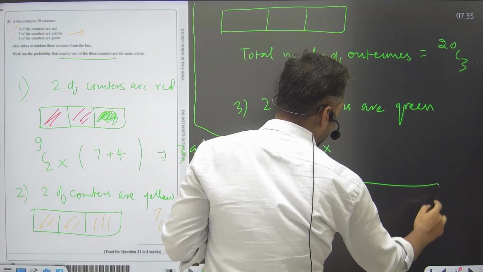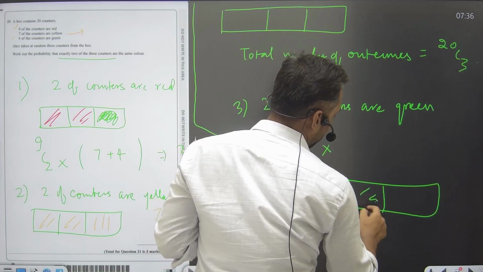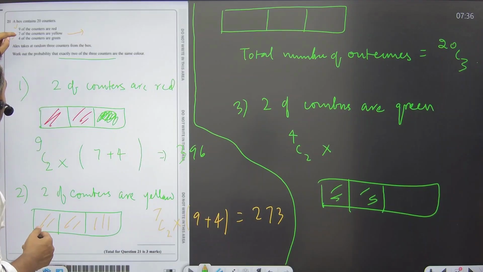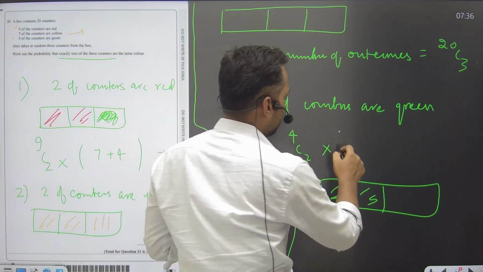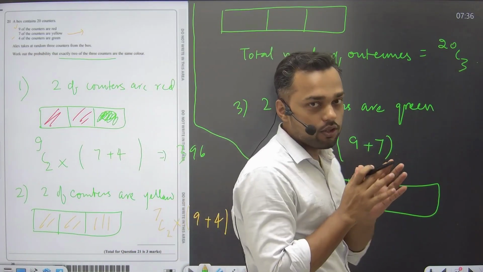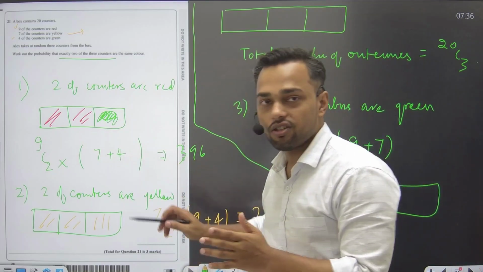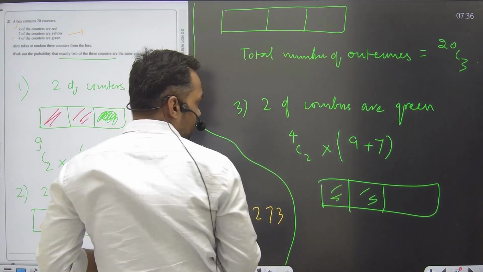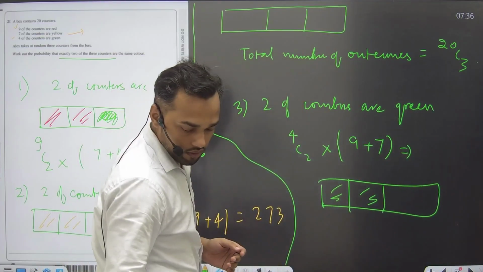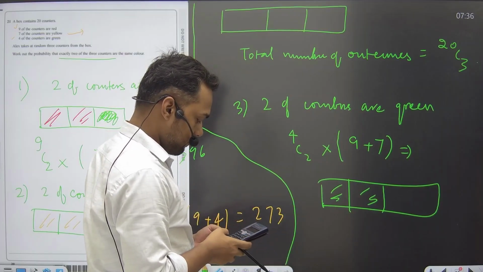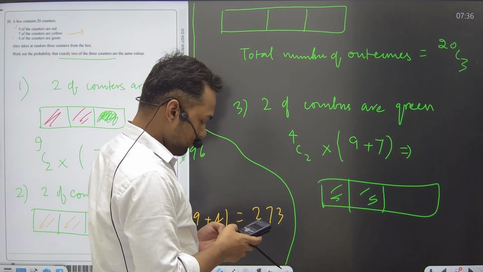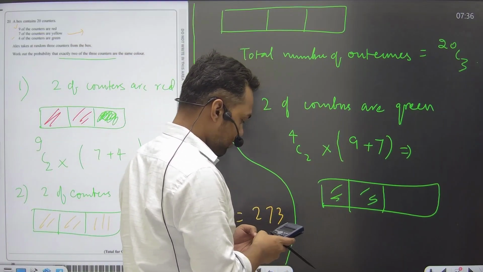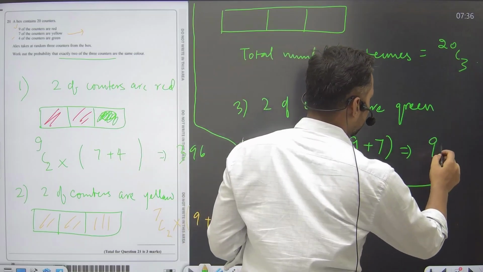The remaining one counter can be filled in 9 plus 7 ways. Why am I placing a plus sign here? Because this is a mutually exclusive event. So it will be 4C2 cross 9 plus 7, which is 16, that will be 96. So 96 ways are possible.